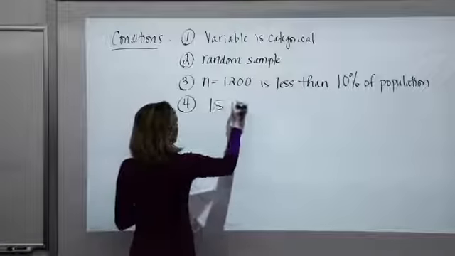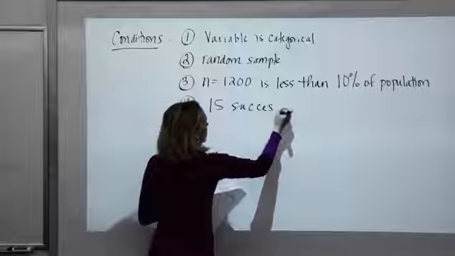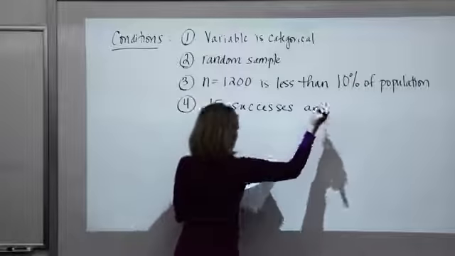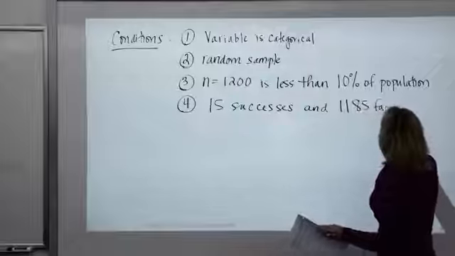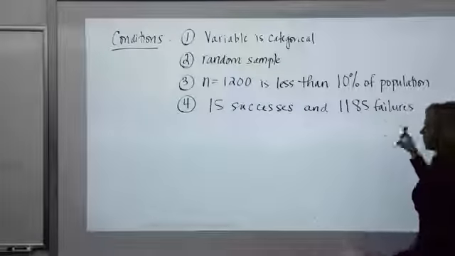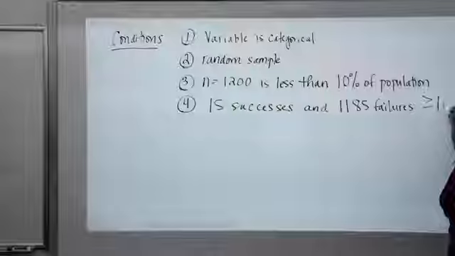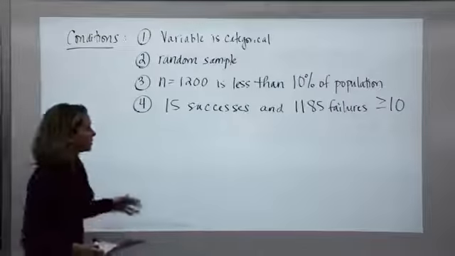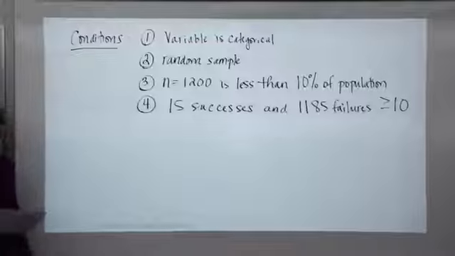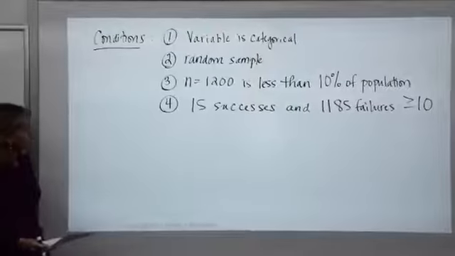So 15 successes and 1,185 failures. These are both greater than 10. So our conditions are met, so we can go ahead and do our confidence interval.